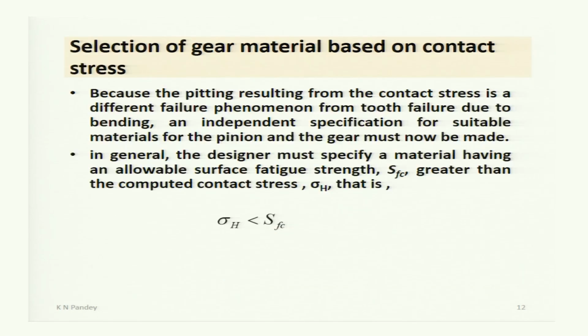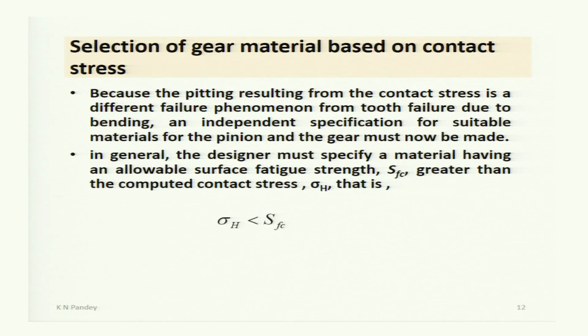Now, selection of gear material based on contact stress: because the pitting resulting from the contact stress is a different failure phenomenon from tooth failure due to bending, independent specification of suitable material for the pinion and the gear must now be made.